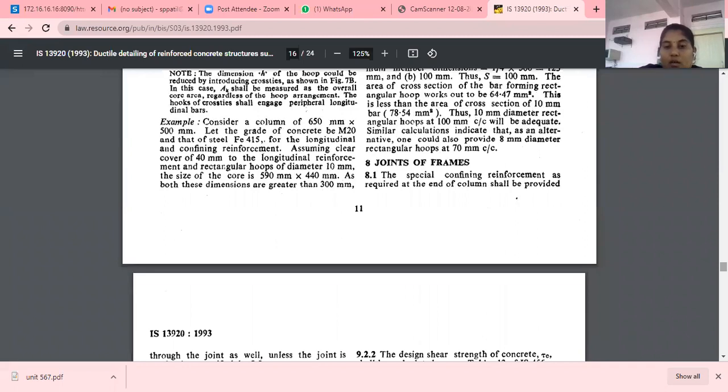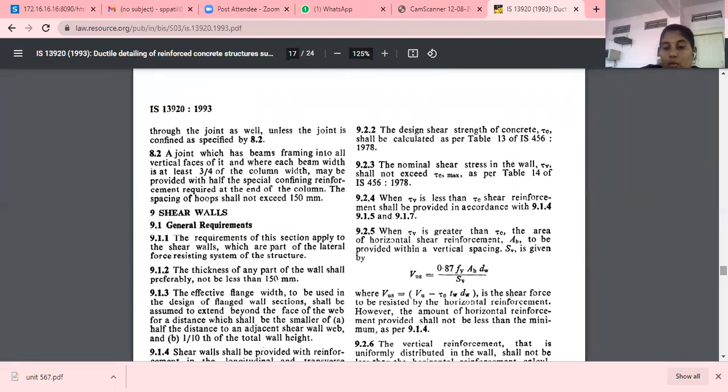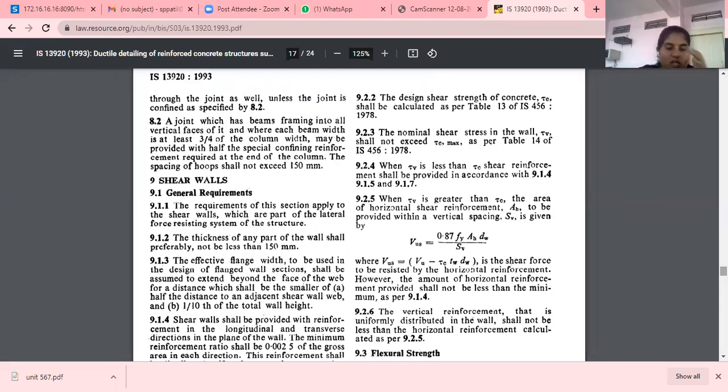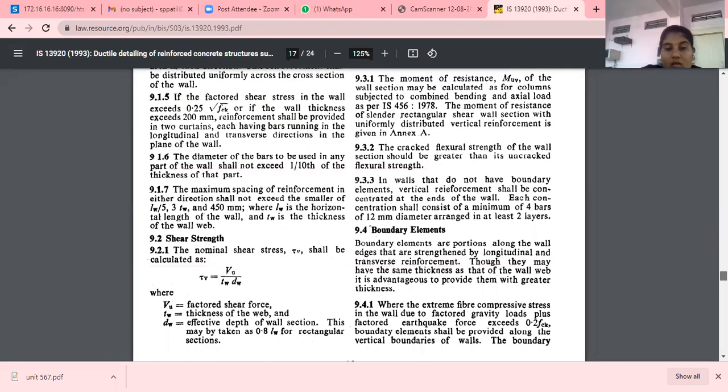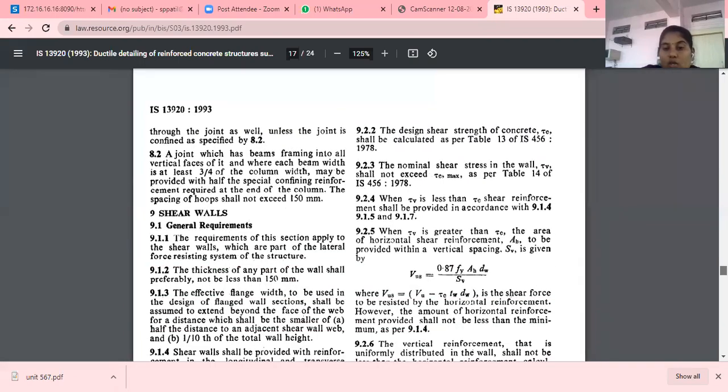Then, about the joint of the frames, you can see there is a joint. So how do we make the joint a strong joint? The shear wall concept: why we provide the shear wall, and what is the concept about shear walls. Again, what is the shear strength? What is the calculation part?